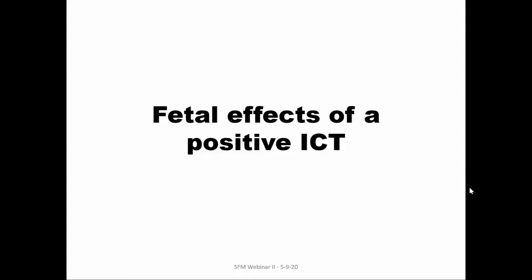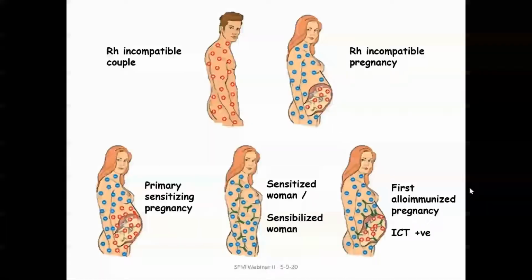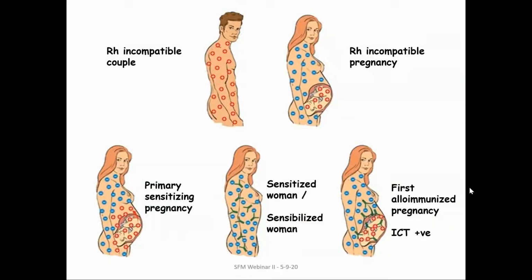Now, with that, we come to the next segment of this webinar, which is the fetal effects of a positive ICT. Again, if we go back to this particular slide from the last webinar, or part one of this webinar, we are now talking about a lady who is at this particular stage in this progression that we discussed last time.